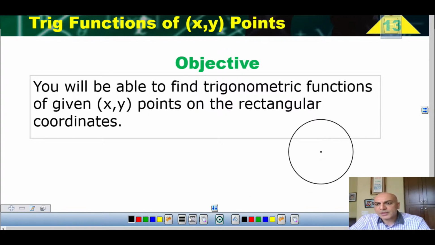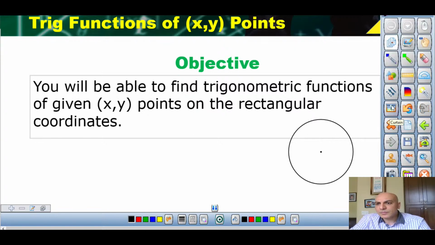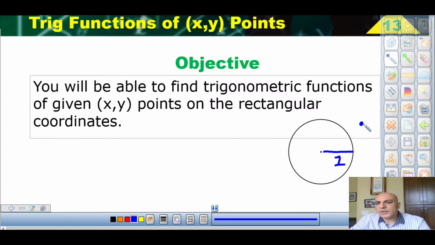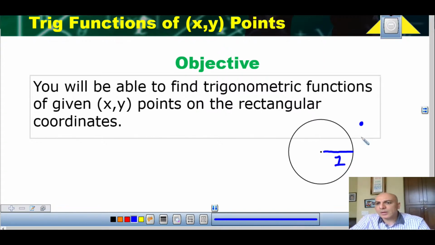But what if the point is actually beyond the unit circle? For example, what if the point is somewhere here? This is the unit circle of radius 1, and this point is all the way up here. Let's say this is 3, 3. How would you find the x and y value for 3, 3? That's a point beyond the unit circle.